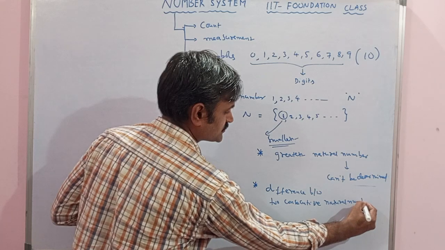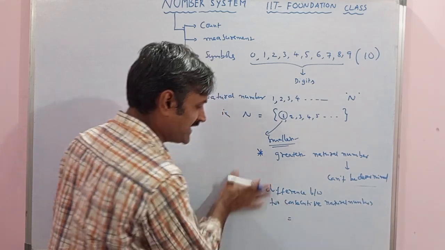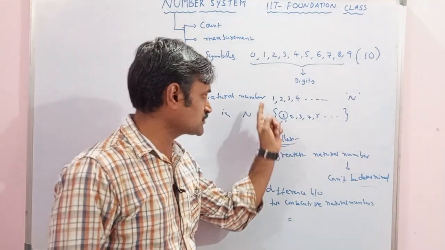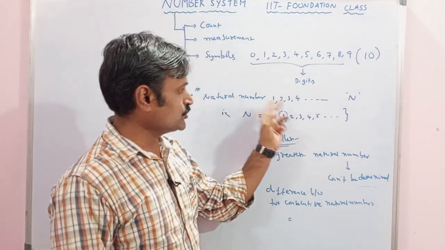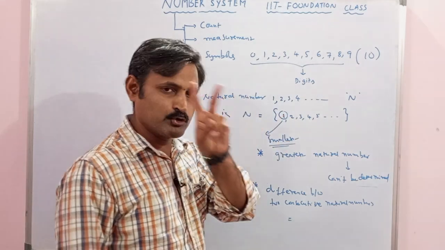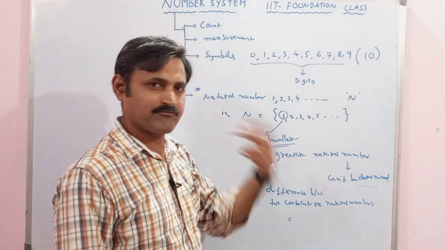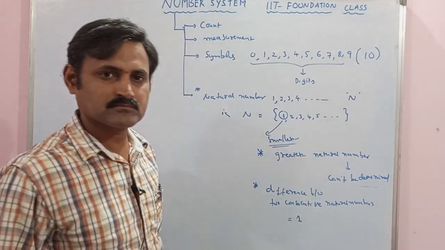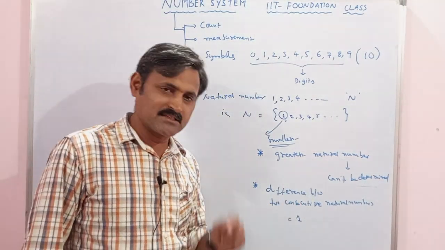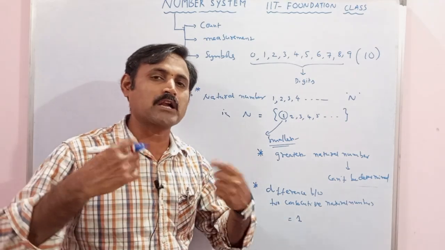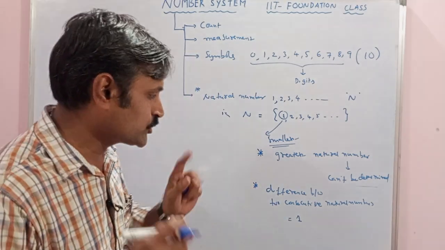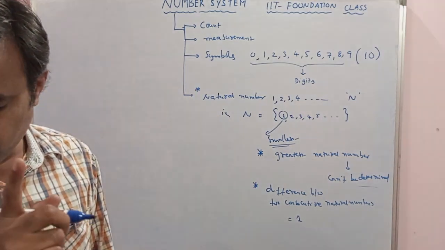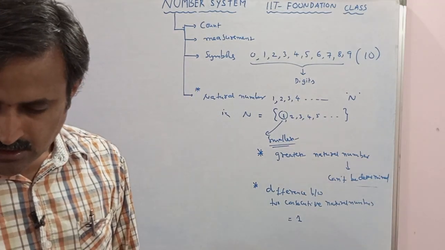The meaning of this statement is, you take two consecutive natural numbers, such as 1 and 2, or 2 and 3, or 3 and 4, and you find the difference, then it will come to 1. The statement says that the difference between two consecutive natural numbers is always 1. That is also most important and fundamental.